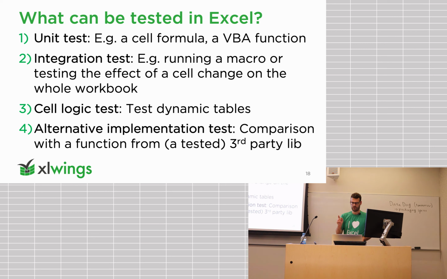And the fourth one is actually what I've also heard that people have to do, an alternative implementation test. So when I was working at the bank, people would just, for example, use a cubic spline interpolation function, and people would search for cubic spline VBA. You get this page of VBA code, you copy paste it into Excel, and that's about it.